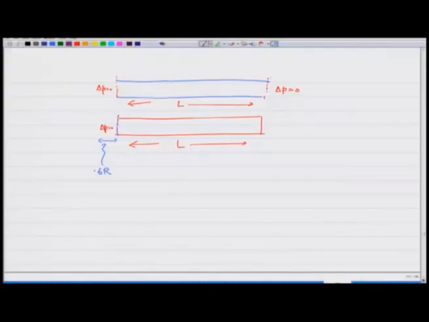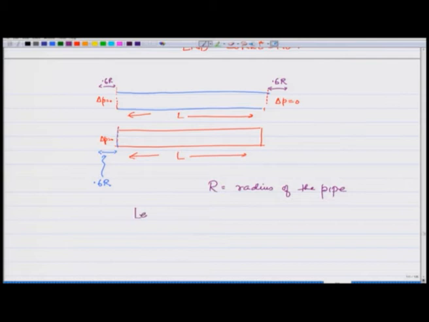Similarly, if the pipe is open at both ends, the node on both sides occurs at a distance of 0.6 r, where r is the radius of the pipe. So, effectively the length for an open ended pipe would be equal to L plus 1.2 r. So, let me write this as L effective.